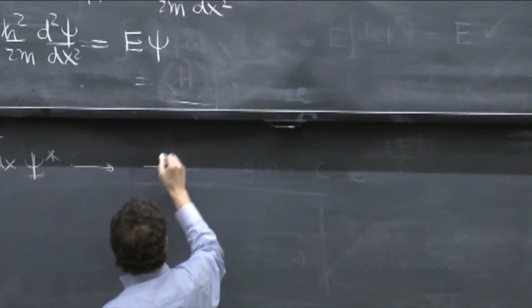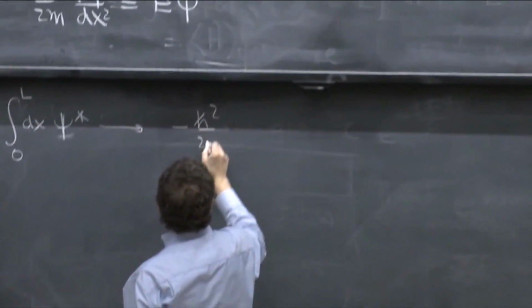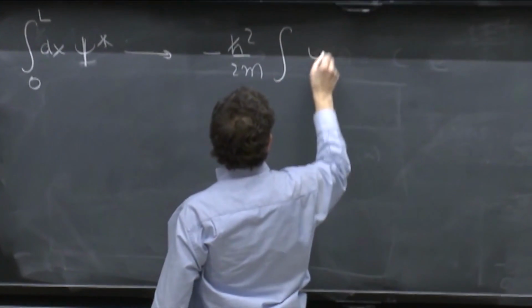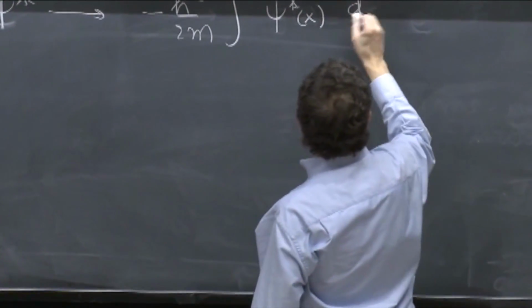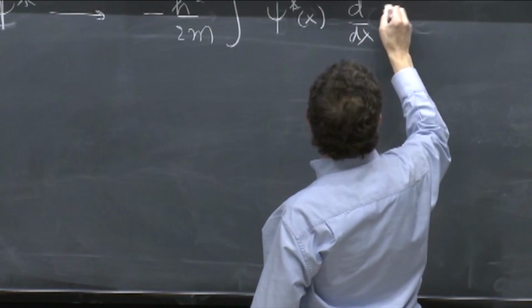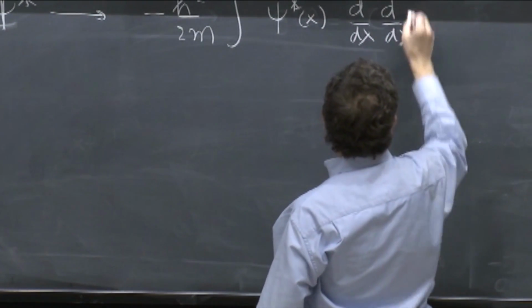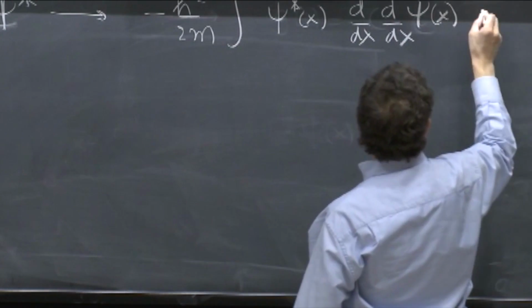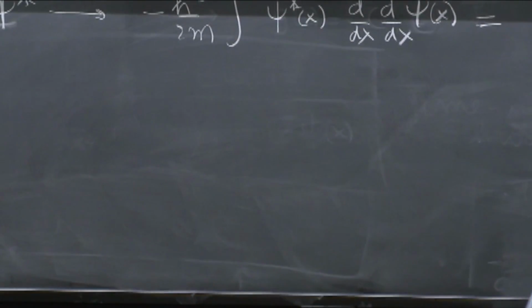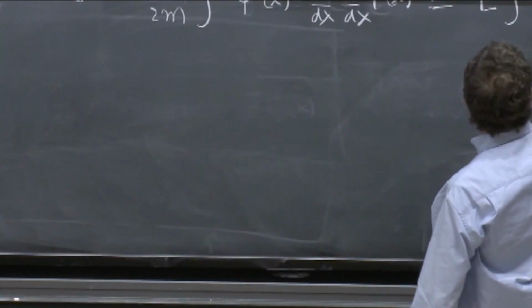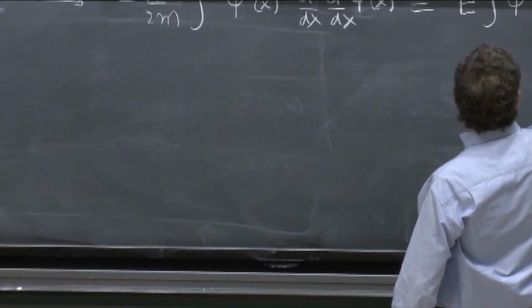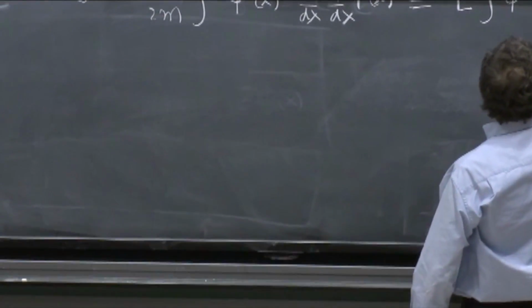And what do we get? Minus h bar squared over 2m integral of psi star of x d/dx of d/dx psi of x is equal to E, and the integral of psi star psi dx.